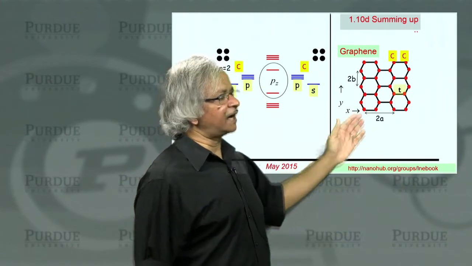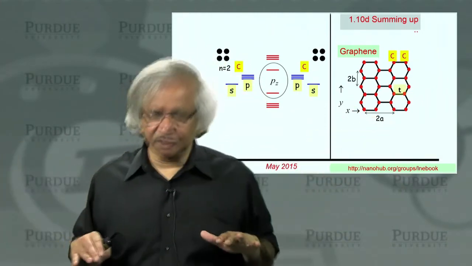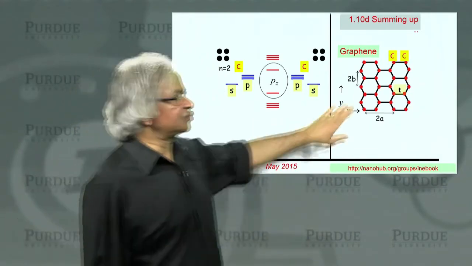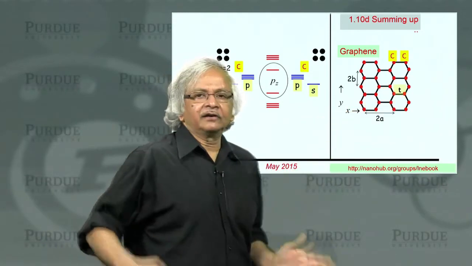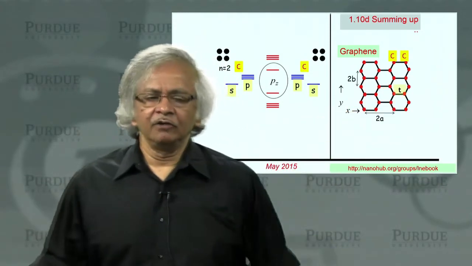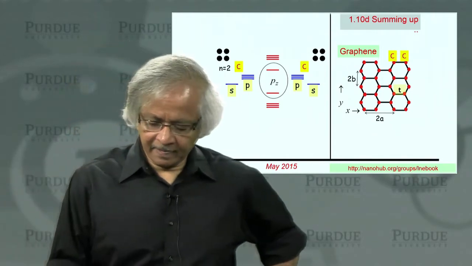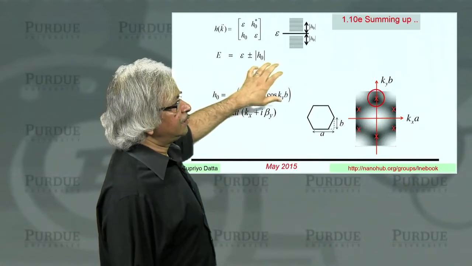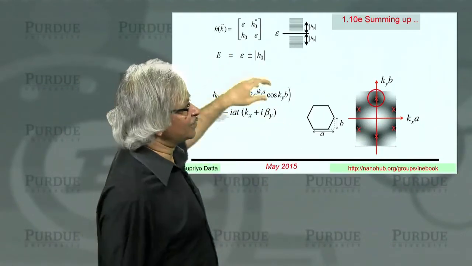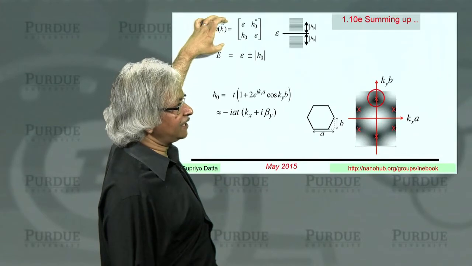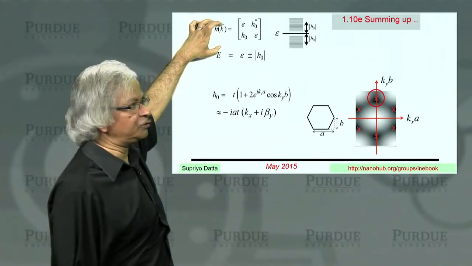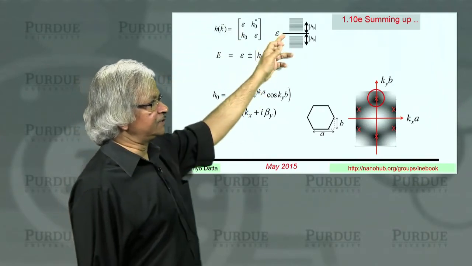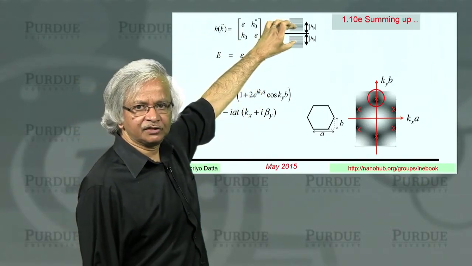So what we want to know is the eigenvalues of this infinite sheet of graphene and compare it to experiment, and based on that, extract a suitable value of T, so that later on, when we talk about current flow in graphene, we can use that T. And what we showed in these lectures is that because you can use just 2 basis functions per unit cell, you can extract these eigenvalues just from a 2x2 matrix. And this 2x2 matrix, the eigenvalues are given by this epsilon plus minus the magnitude of H0.